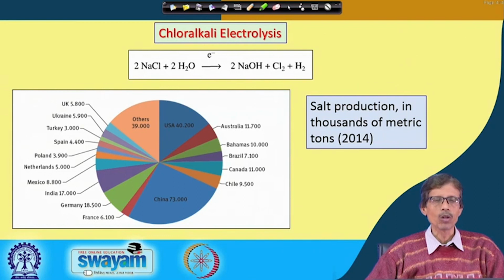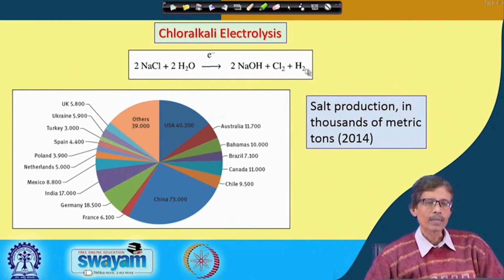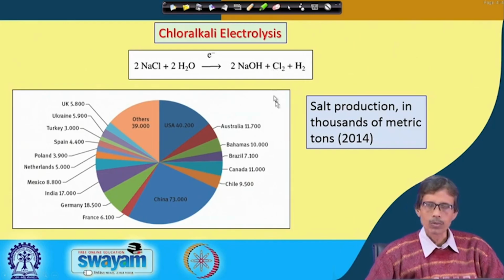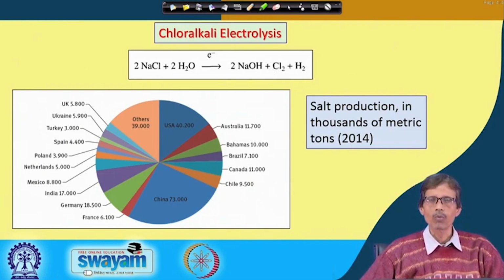We will also see how we can utilize this chlorine for making other chlorine based inorganic compounds, such as bleaching powder, and how we can make the bleaching powder out of this chlorine.